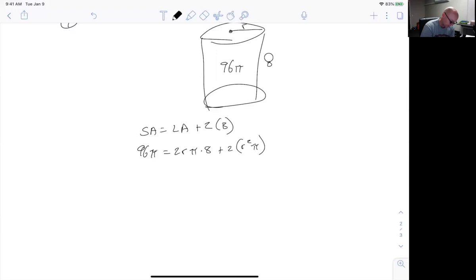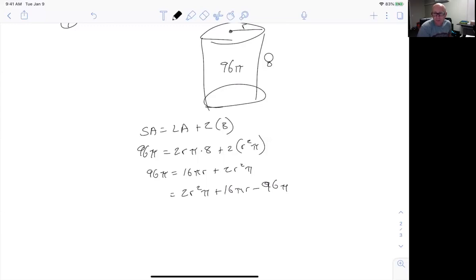So let's multiply it out first. And I get 16 pi r plus 2r squared pi. And then let's put all of the terms on the same side. So I get 2r squared pi, and I'm just rearranging it here to make it easier to see, minus 96 pi. All right, now let's factor this so that I can solve for r. Let's factor out a 2 pi.